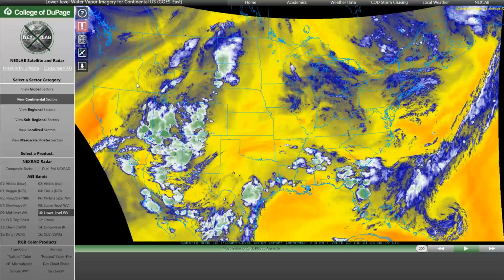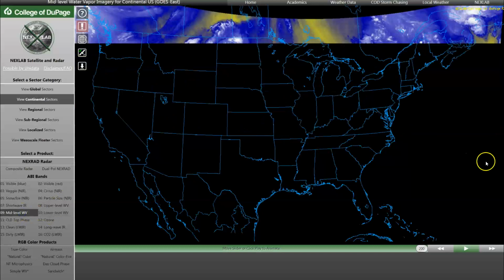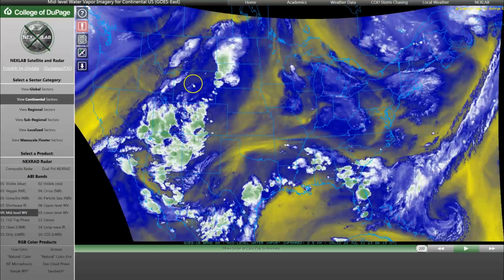So, again, this shows us the low levels and then the mid levels also, where the water vapor channels are constant. And again, the same kind of scenario. The only difference is there's a lot of warm moisture coming in the mid and upper levels of the atmosphere around the jet streams and, of course, the monsoon season and the subtropical moisture that's in place.